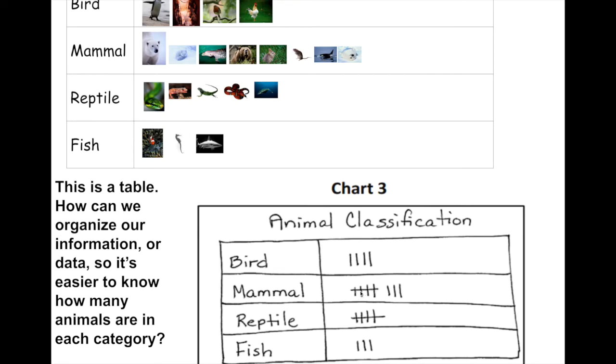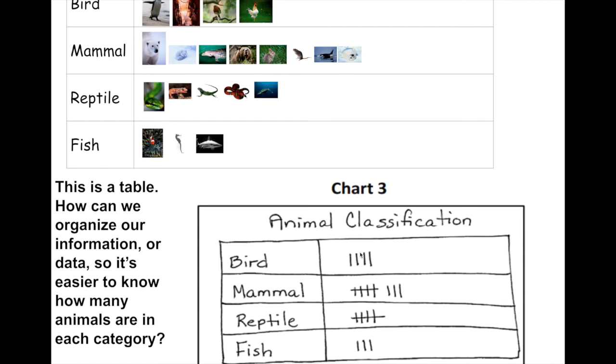So we do 1, 2, 3, 4, and then when we want to make the 5th one, we just dash across. So this represents a group of 5, just like the nickels that we looked at yesterday. Every single one of those nickels represented 5 cents, and every group of tally marks just like this represents 5 animals, or 5 tallies.